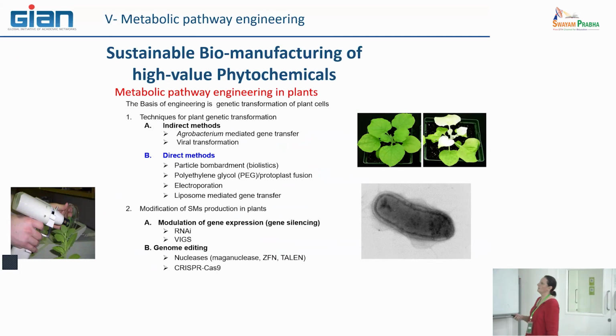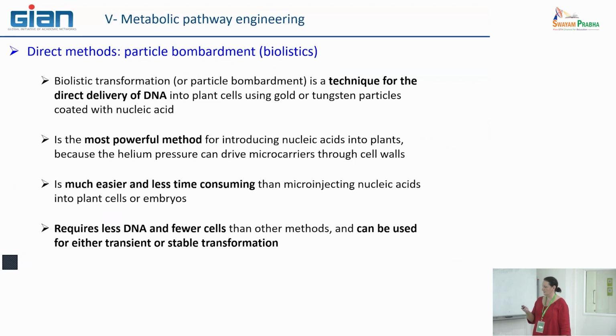Just time to explain what biolistic is, because I showed you it is also one of the main techniques used in the lab, but also at a bigger scale. The 3 others are quite classical and not so useful. Biolistic, as the name says, comes from the idea to bombard with a gun.